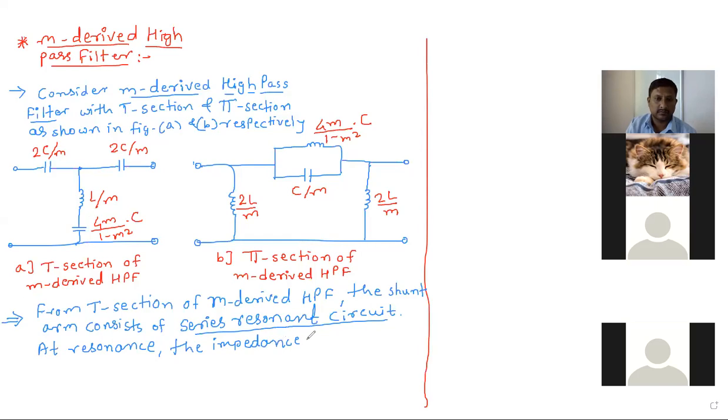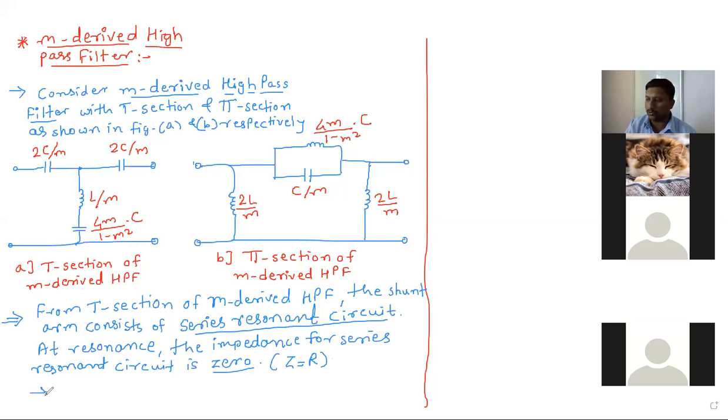Why is it 0? Because there is no resistor. Actually, Z is equal to R for a series resonance circuit, but no resistor is present here. So the R value is 0. That's why at resonance the impedance of the series resonance circuit is 0.